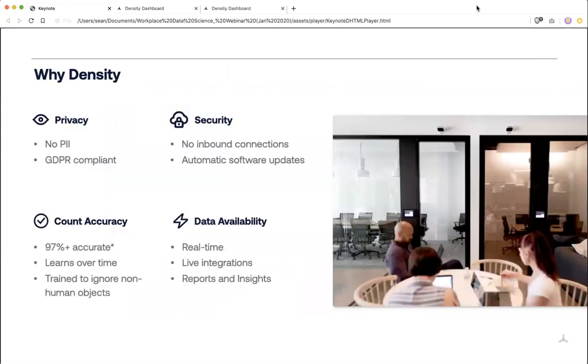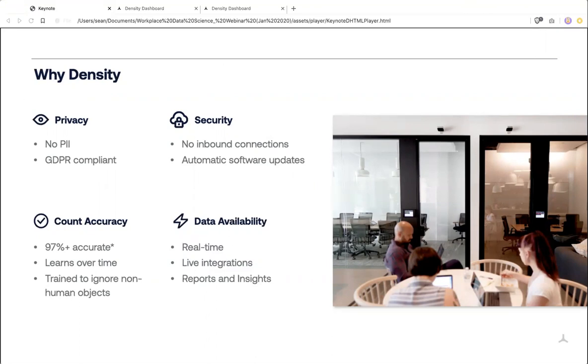So on the next slide here, a little bit about us at Density. So we're thinking about how do you go about collecting this data? I'm excited to get started and think about my own meeting rooms. Here's some of the things you should be thinking about. Number one is privacy. So you want to make sure that you're not collecting person identifiable information in an office environment, or you're doing so in a compliant way.